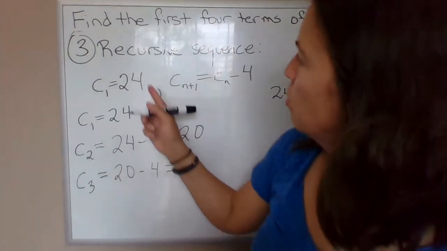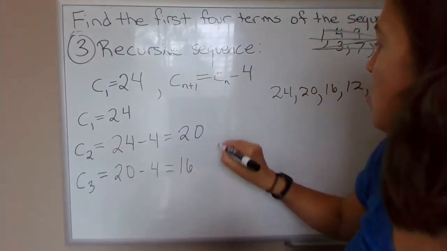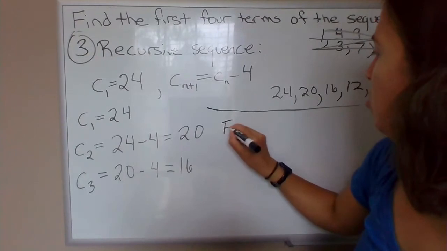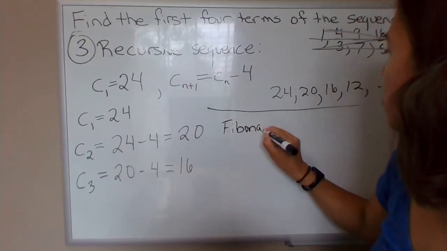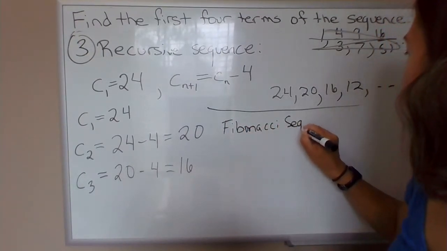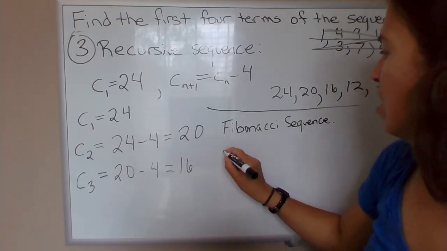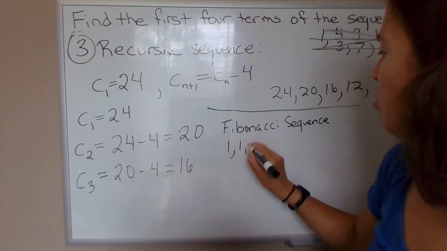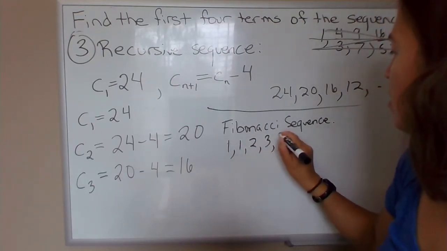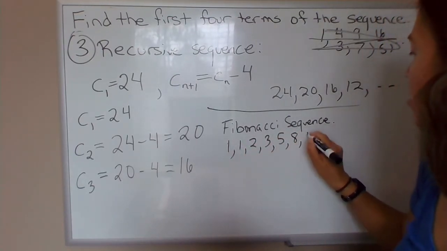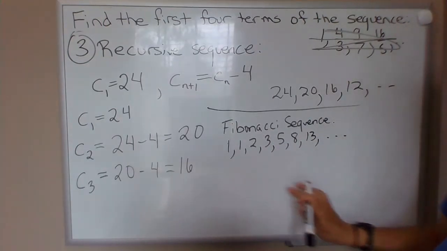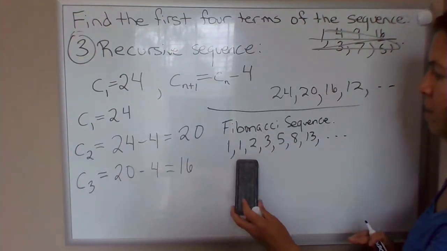One really famous recursive sequence is the Fibonacci sequence, which let me throw on the board here real quick. In the Fibonacci sequence, well, the terms are 1, 1, 2, 3, 5, 8, 13. You might notice the pattern here.